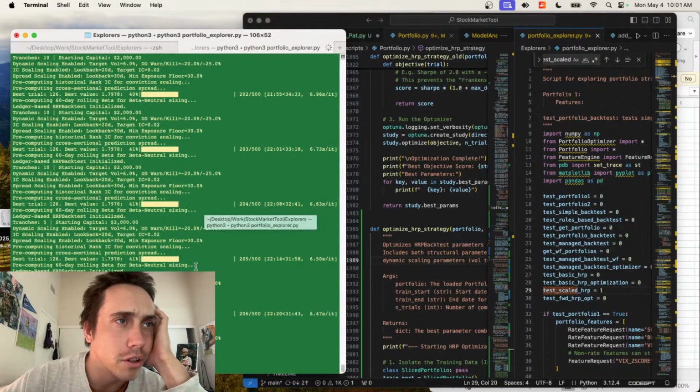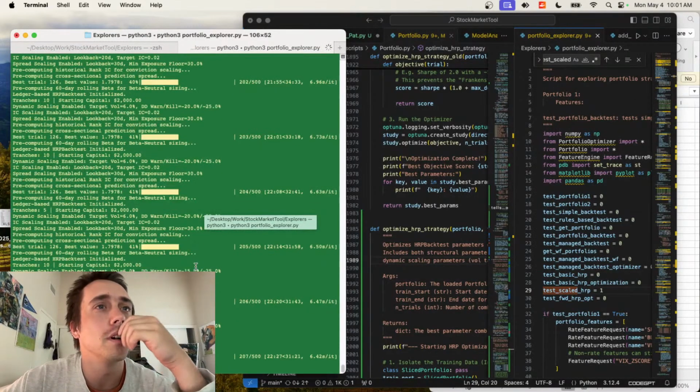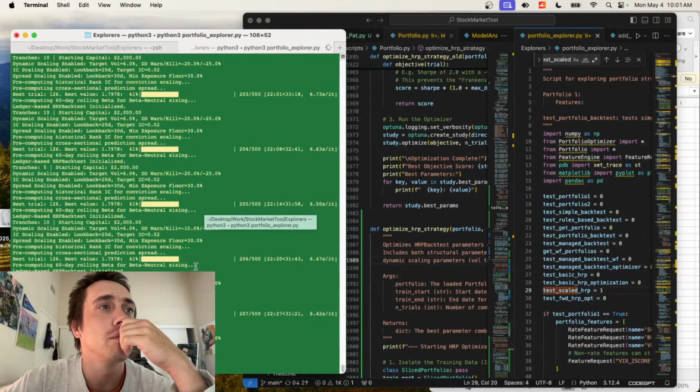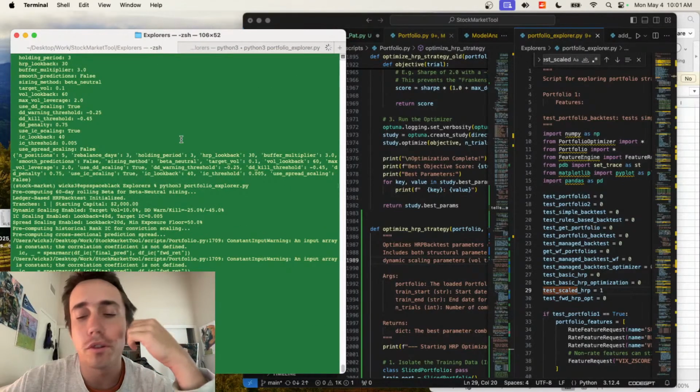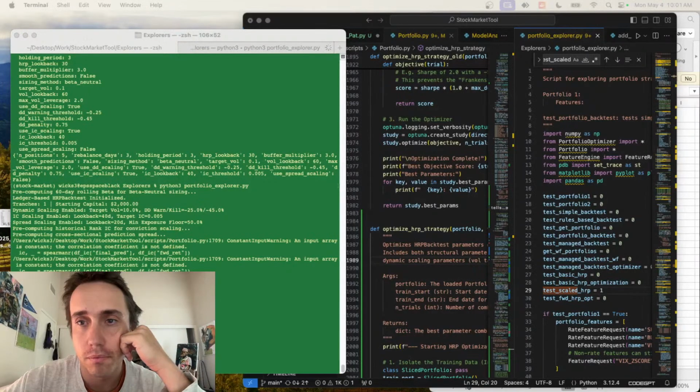So what's the value at? 1.79 still. So maybe it won't really improve. Maybe it got lucky earlier.